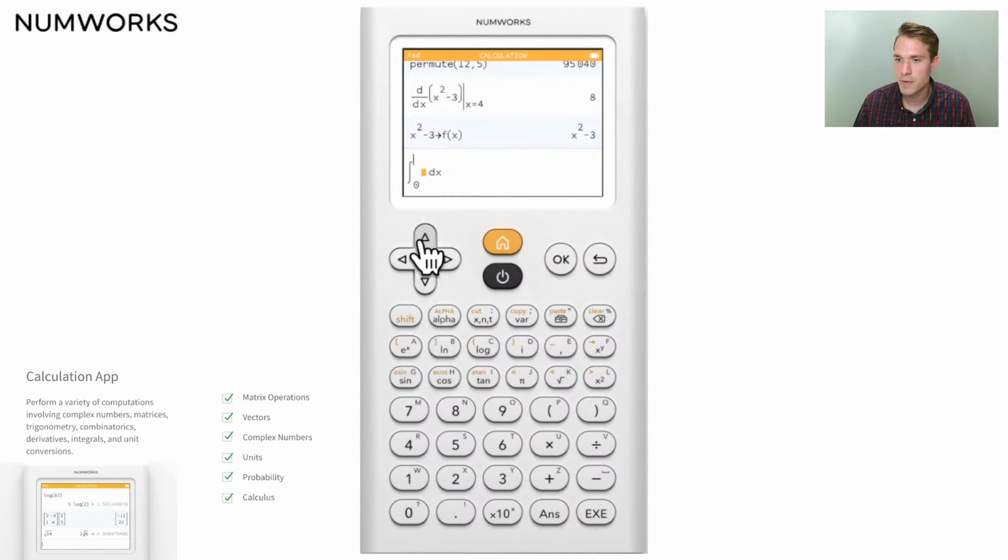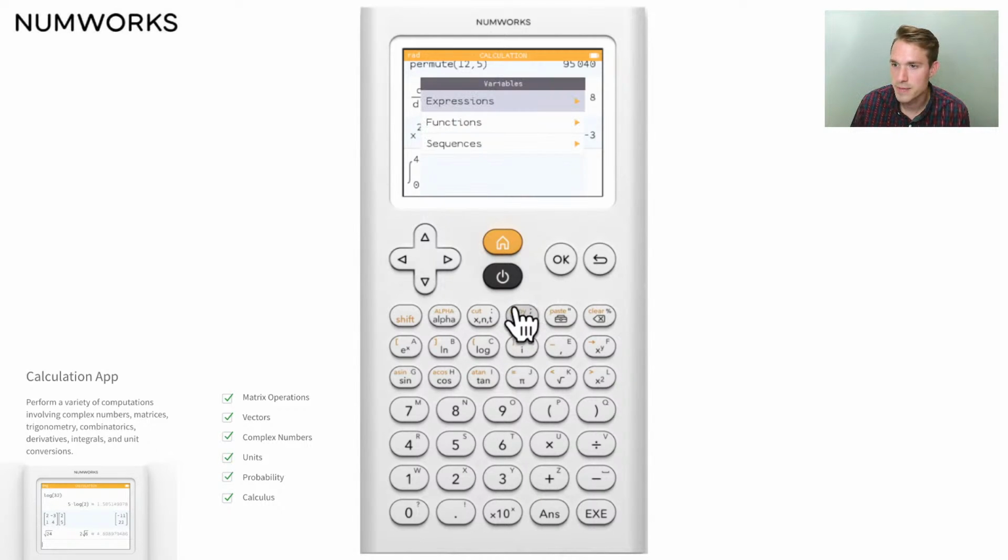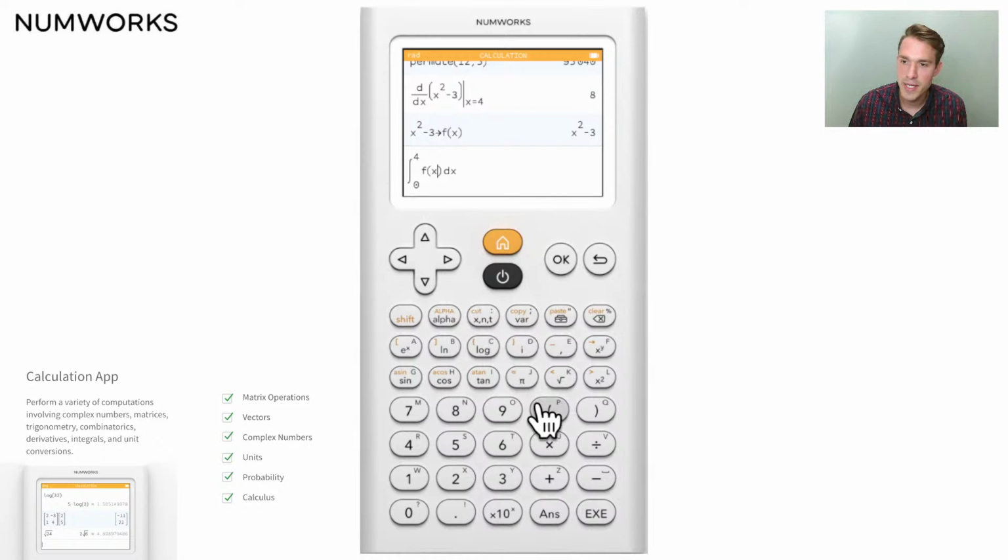So from 0 to 4 of, and then I could type manually alpha f of x, or just like we had our matrices in our variable key, if we hit variables and we go to functions, we have now stored the function f of x, which we can grab and evaluate the integral of f of x from 0 to 4 and get 9.3333.